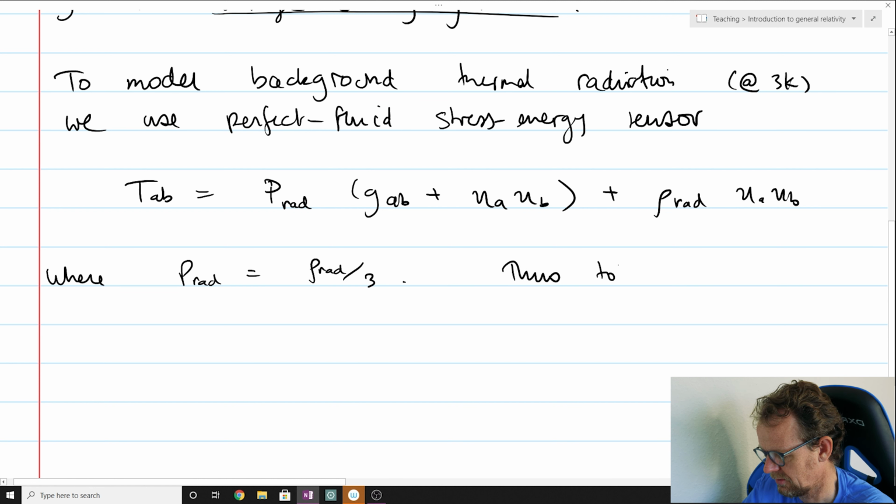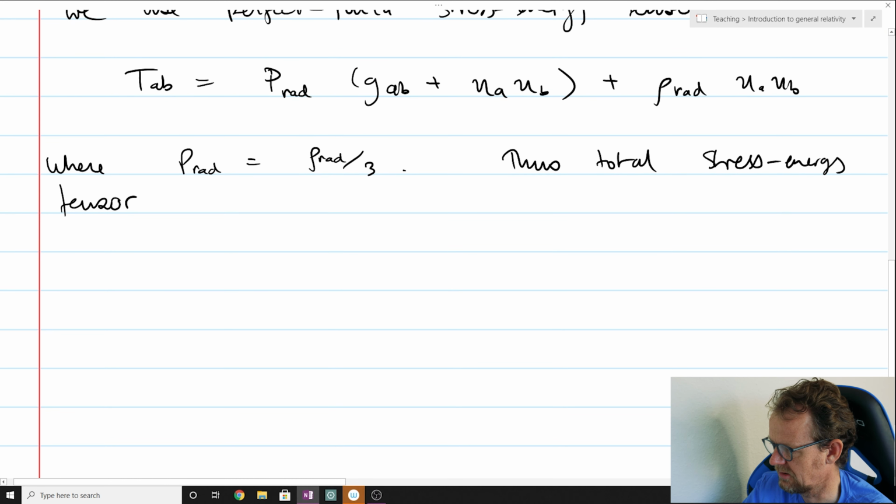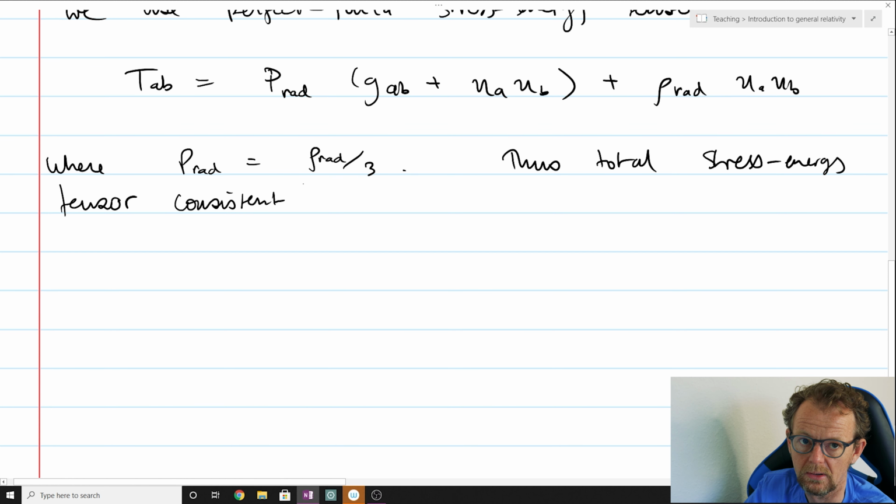And thus the total stress energy tensor of the universe is, as I just mentioned before, as general as it can be while respecting these additional symmetries. And that is, it has this perfect fluid form, but where P and rho are appropriately adjusted to incorporate the galaxy matter content and the radiation matter content.